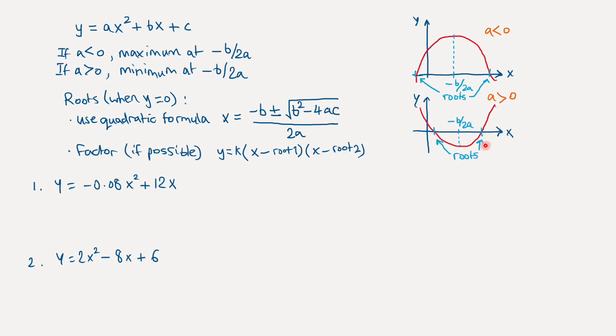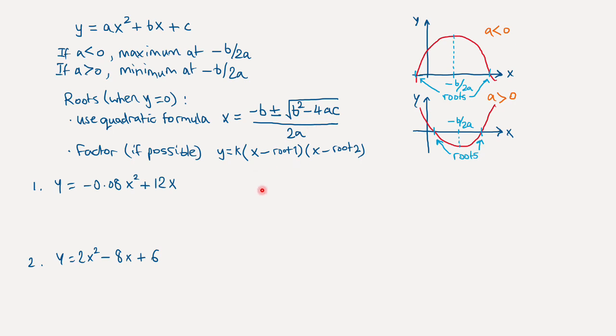You can imagine a circumstance, if we have a maximum, where the maximum occurs below the x-axis, and then we wouldn't have any roots, and that's occurring because b squared minus 4ac is negative, and we can't take the square root of a negative number, so then we don't have any roots. Conversely, if we had a greater than 0 and we had a minimum, that minimum could conceivably occur above the x-axis, and again that's because b squared minus 4ac is negative.